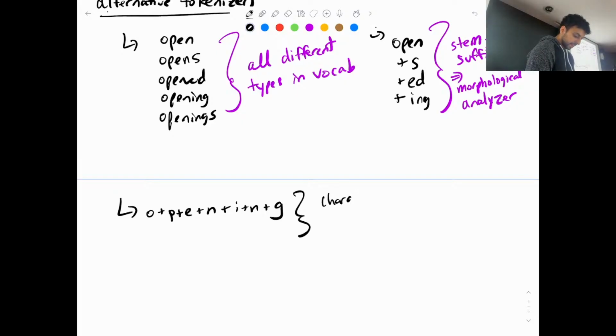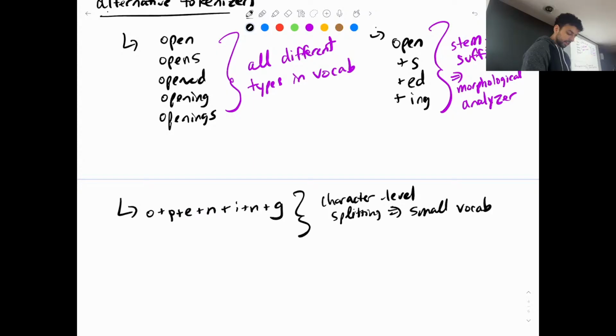If I do character level splitting, I have a small vocab, and I have a very small number of UNKs. It's hard to have an unknown token if you're using character level splitting, because the unknown word would need to have a character that you haven't observed before.